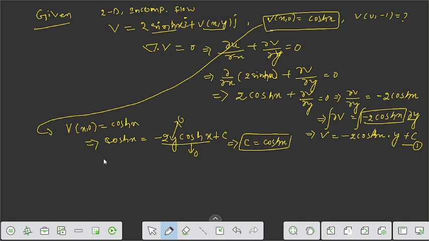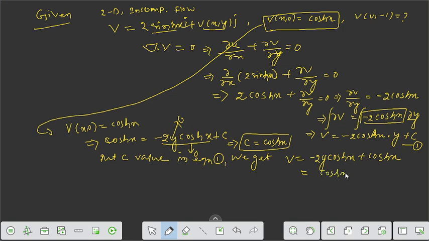Putting this constant value in equation 1, we get v is equal to minus 2y cosh x plus cosh x. Simplifying this, cosh x common, 1 minus 2y. This is the v value. So we have to find v at (0, -1).